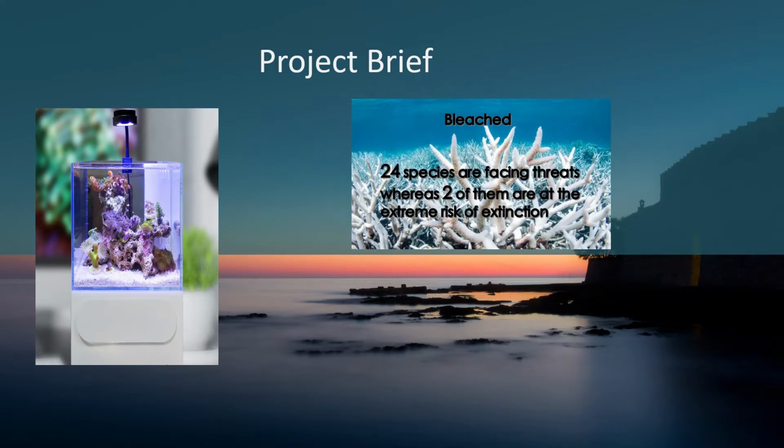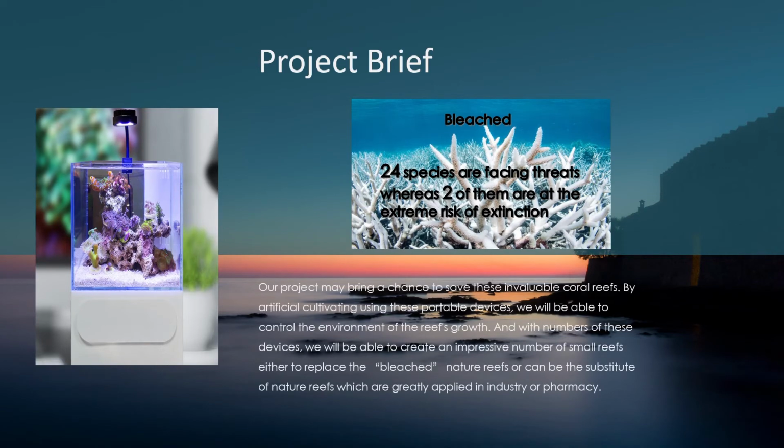However, due to humans' massive, immoderate exploitation and significant climate change, many coral reefs, including the Great Barrier Reef, are facing the threat of bleaching. The direct impact to the coral is that 24 species are facing threats, whereas 2 of them are facing the extreme risk of extinction, and the bleached reef is unrecoverable if their environment cannot improve.